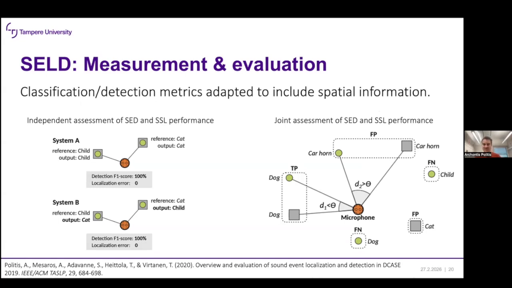So, for example, measuring F-scores or error rates for every sound class of interest, but considering true positives only when the predicted object was close to the reference. Otherwise, it would be considered a false positive. Essentially, using these spatial thresholds, we could adapt the effect of localization performance to the classification performance, and this can be tuned to suitable thresholds based on the application of interest.